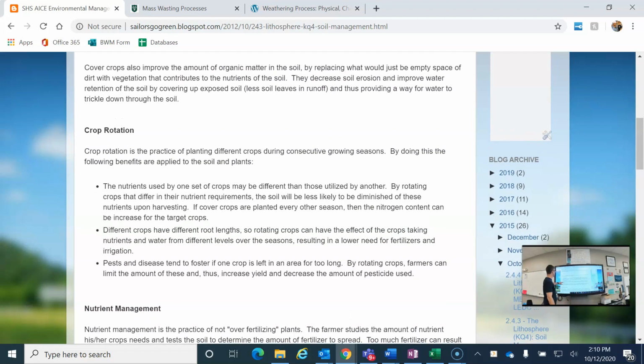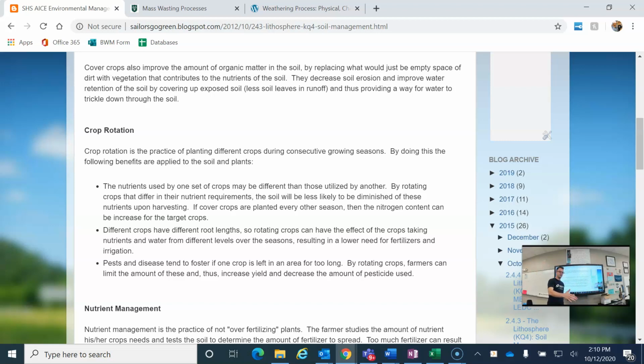Crop rotation. So, a crop is like, okay, I'm going to plant a field of wheat, right? All of the wheat is going to take the nutrients and the water from the same level. So that area at the end of the season will probably be depleted. So what farmers can do is rotate where they plant each crop every year.